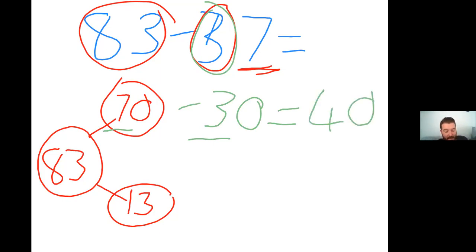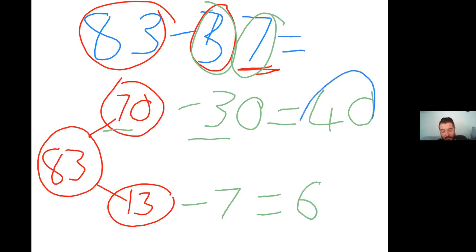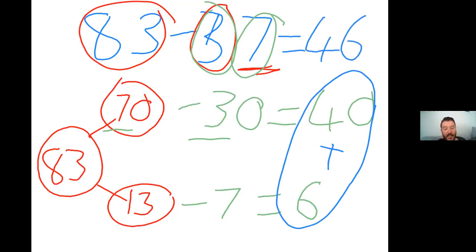And then 13 take away 7. 13 in your head, count back 7. 12, 11, 10, 9, 8, 7, 6. Put those two parts back together, 40 and 6, which is 46. So 83 take away 37 is 46.